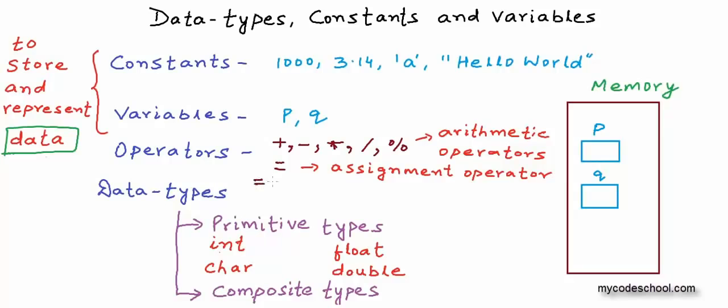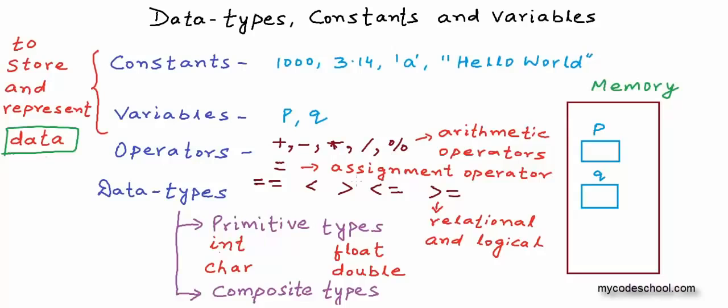Two equal to signs is for equality operator. If you want to compare two values for equality, you use two equal to signs, and this is a logical operator. And then we have operators like less than, greater than, less than or equal to, greater than or equal to. These operators are called relational and logical operators. We will get to know these operators when we will use them in a real program.